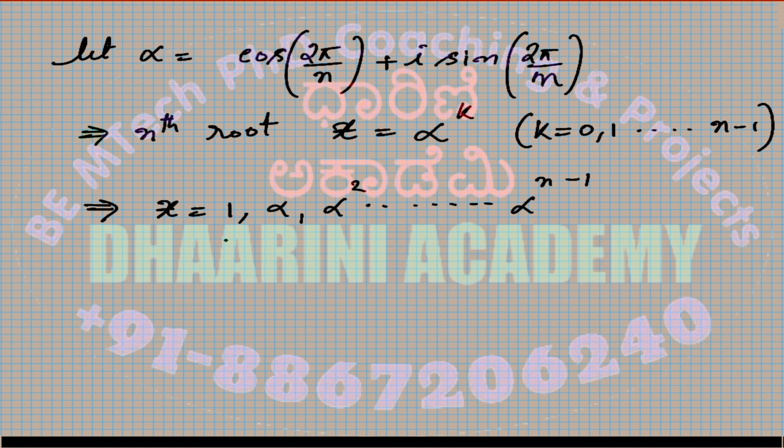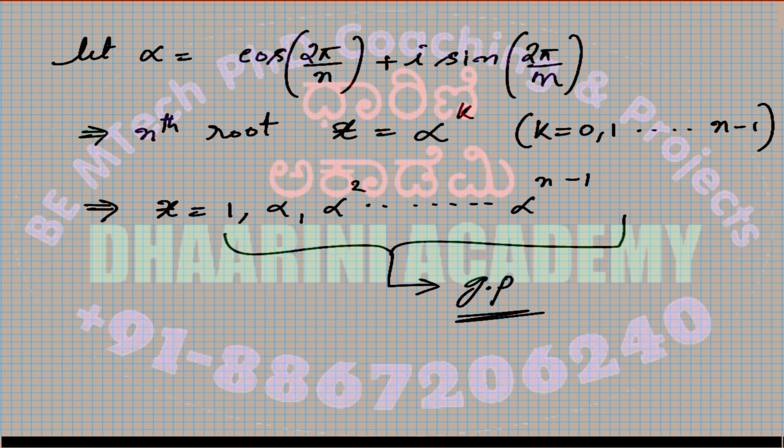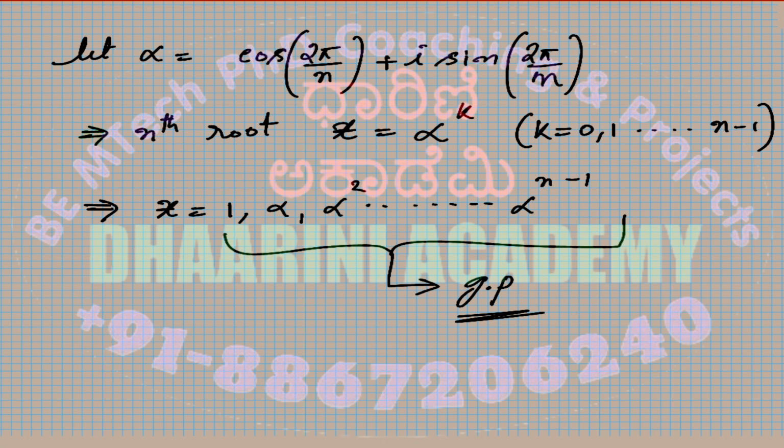If you see this, it's a specific type of progression. There is a constant ratio, so they are in geometric progression, a GP. And if that is the case, we can try to find the sum of the nth roots of unity, because the sum of a geometric progression is very standard.